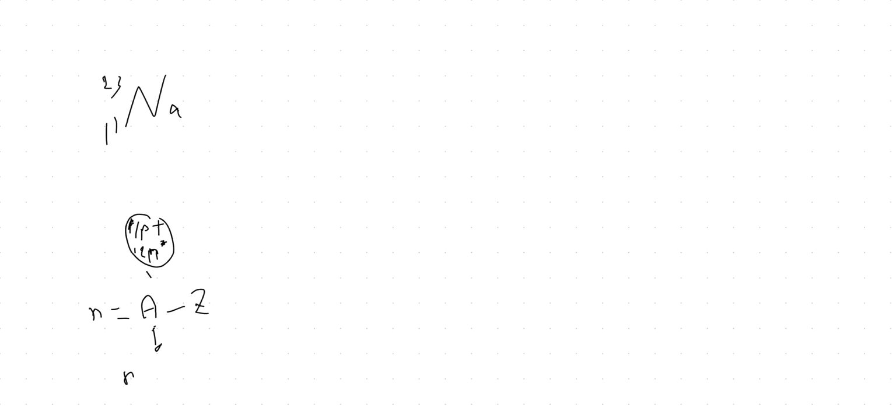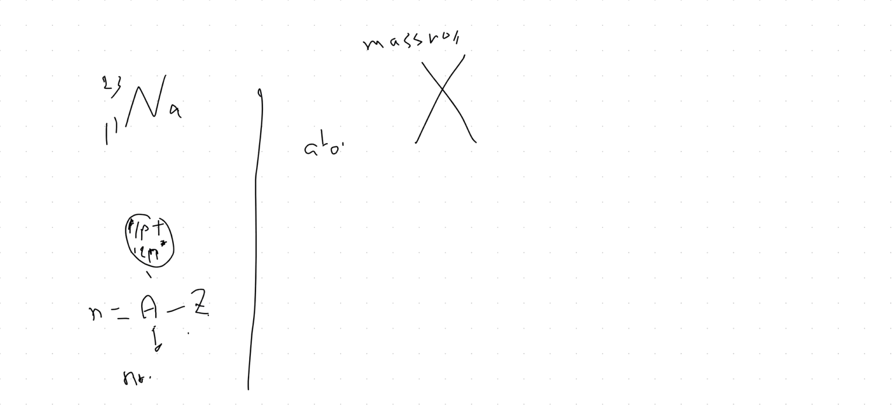Okay, now we have to represent it. What we did last time is that at the top, we have the mass number, and at the bottom, we have the atomic number.